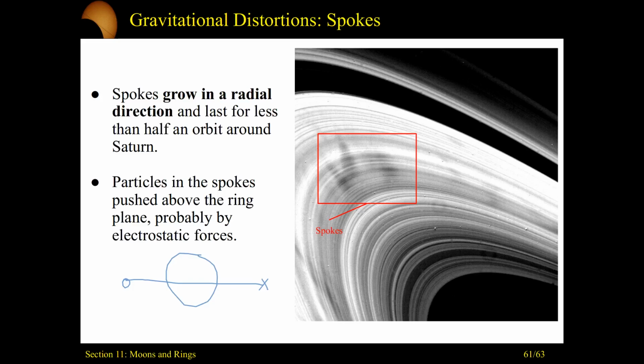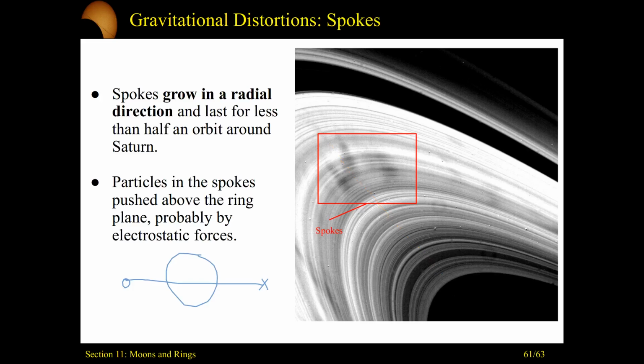Now let me switch up colors. What happens to some material? The spokes will grow in this radial direction. What do we mean by that? We're saying that as you go out along the radius, the spokes will get bigger and bigger. But what is this shade?